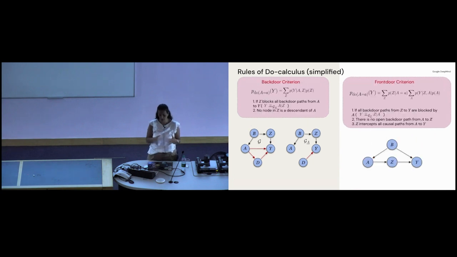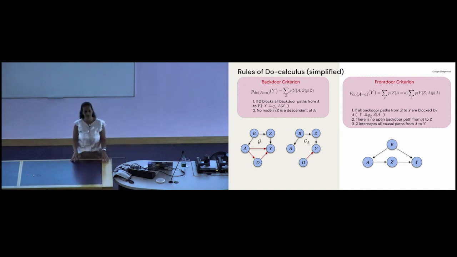Now, in general, using these rules of the calculus, we can come up with two criteria that allow you to write down the identification formula. So that's what we call the identification formula: a formula that gives us the interventional distribution in terms of observational distribution.